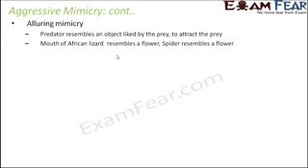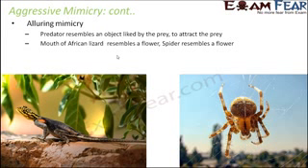An example could be the mouth of the African lizard resembling a flower. If you actually look at the African lizards, some of them have such colorful parts near their mouth that they often resemble a flower. From far, many times other insects think that there is a flower. So they might come near it thinking it is a flower, and then suddenly the lizard would attack them.